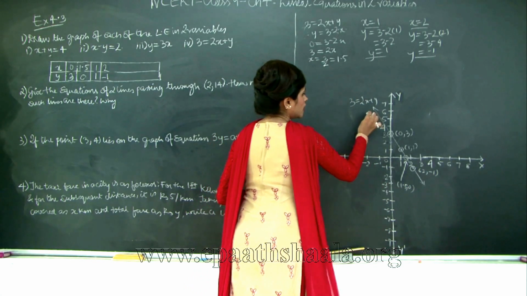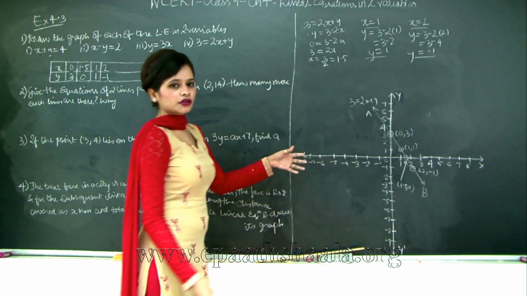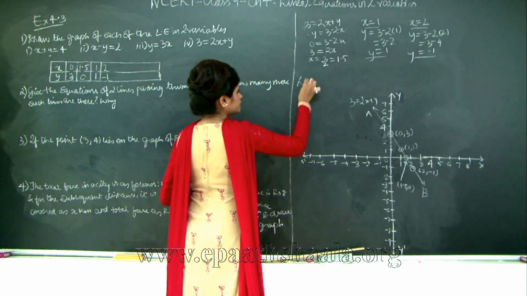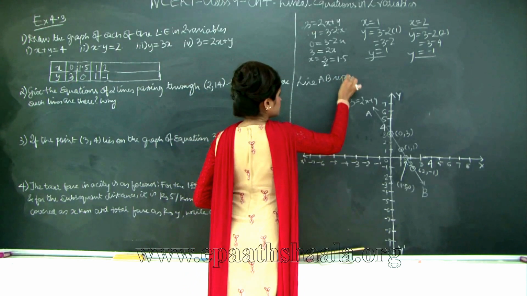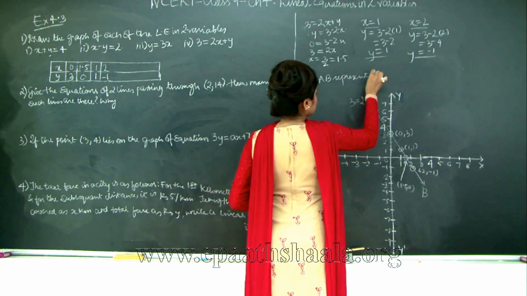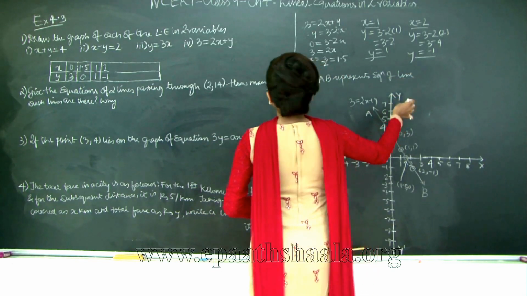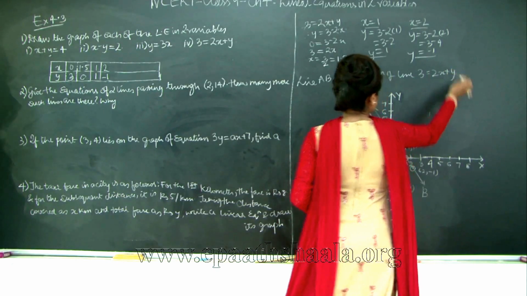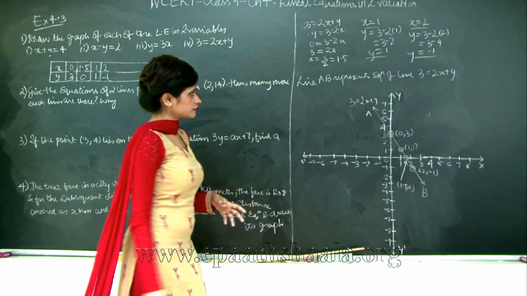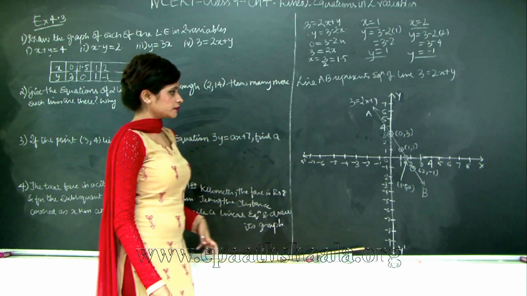Therefore now I am going to mark my line AB. Therefore line AB represents equation of line 3 is equal to 2x plus y, and I have marked the equation of the line on the graph also.